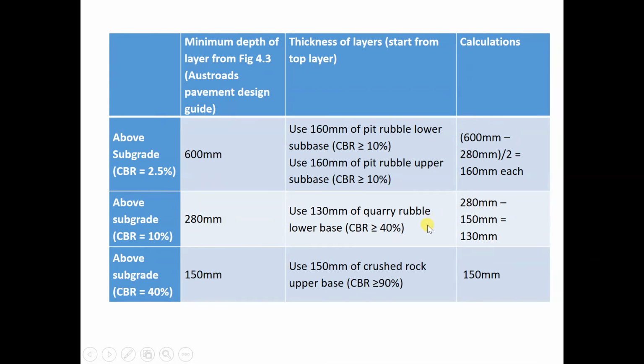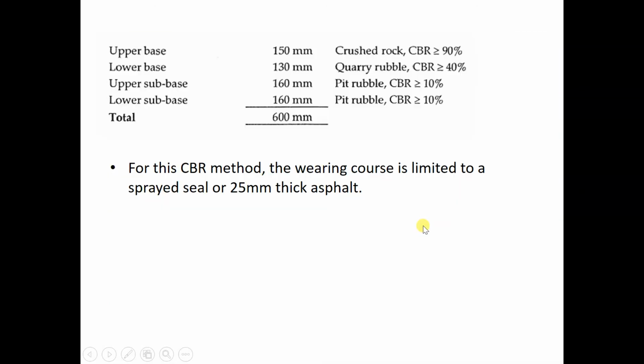Above the subgrade, the bottom layer, we have a definition like upper base and lower base. So the lower base is 280 minus 150, which gives us 130.